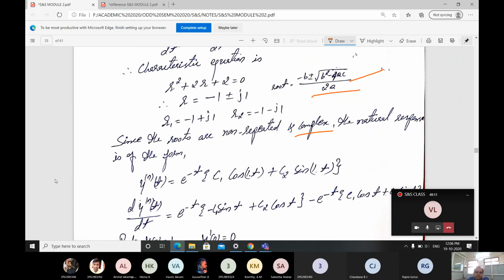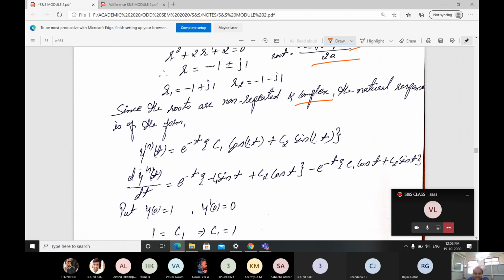The natural function is going to be taken here as, observe here, yn of t is going to be equal to e power minus t times c1 cos 1t plus c2 sin 1t. Okay, this is the natural function you will be getting.